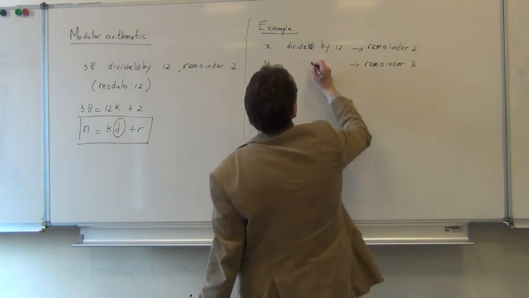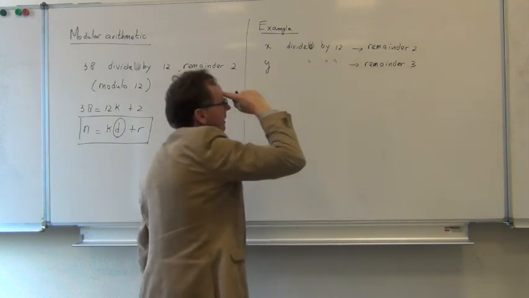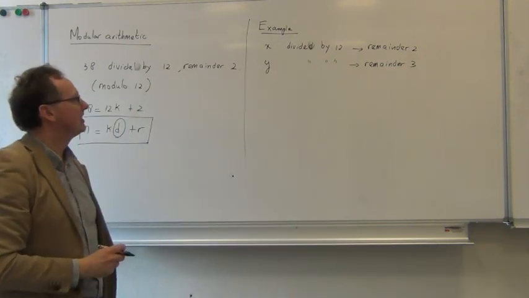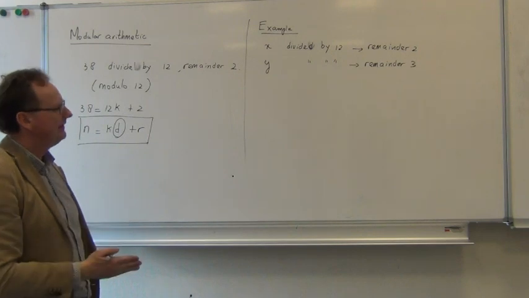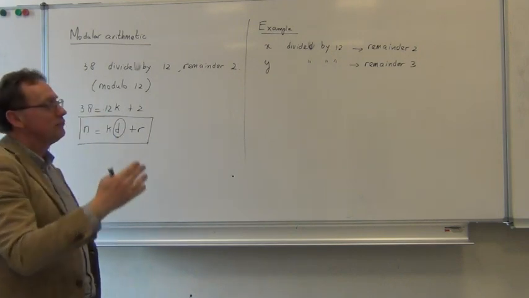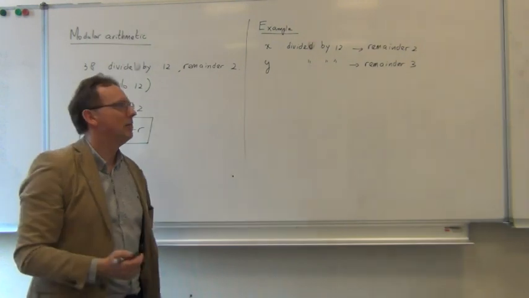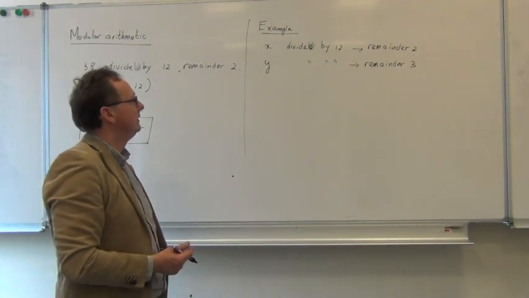We're asking what happens if you take x plus y, x minus y, x times y, and what about x divided by y? What can we say about the remainders?